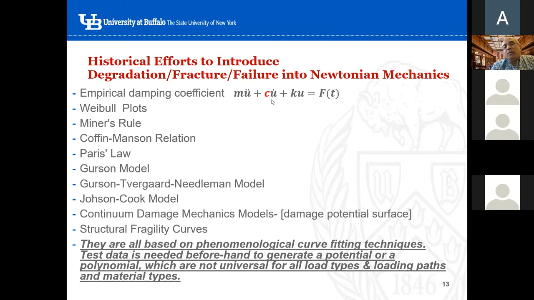You do free vibration testing, and then you get the damping of the free vibration, and you use that slope here for the damping of the system. So it is completely empirical. That is how historically we introduce energy loss degradation into Newtonian mechanics.